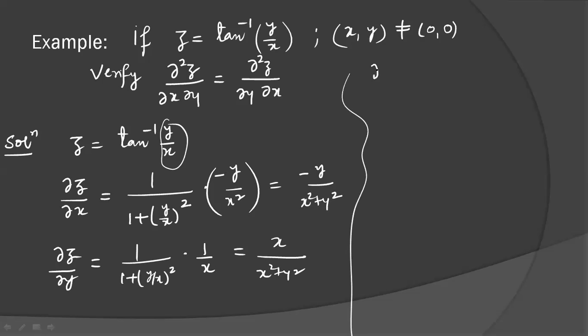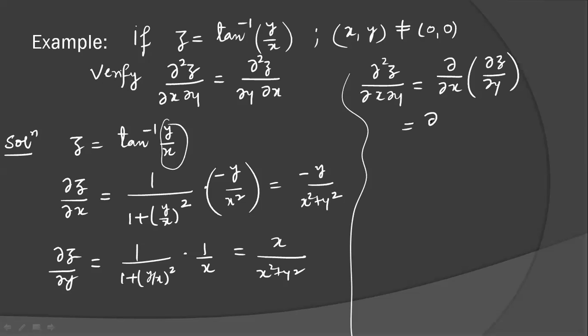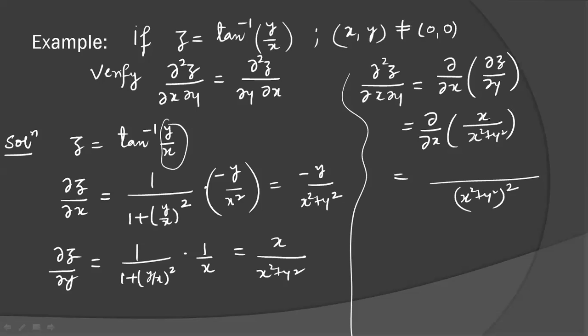Now we will find del 2z over del x del y. This is nothing else, it is del by del x of del z over del y. Means this is equal to del by del x of x over x square plus y square. So we have to differentiate it with respect to x again. So denominator whole square, we can differentiate it because it is not defined at the origin only, and the origin we have already excluded. x square plus y square, and derivative of x is 1, minus x into the derivative of x square plus y square with respect to x will be this.